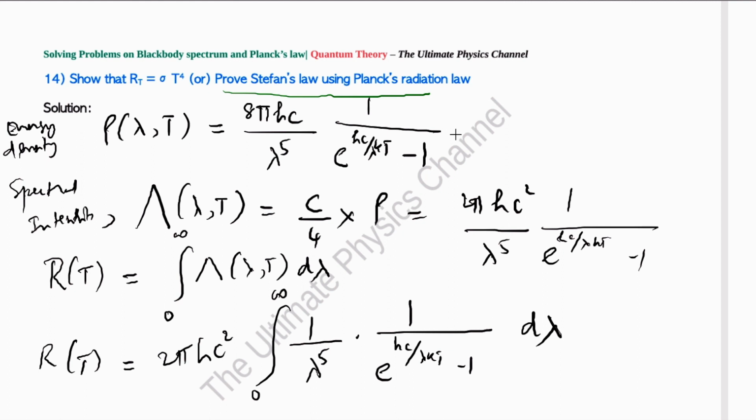Now let us take this particular term in the denominator, that is, let x is equal to hc over lambda kT. If we take that, then we can write straight away dx over d lambda.